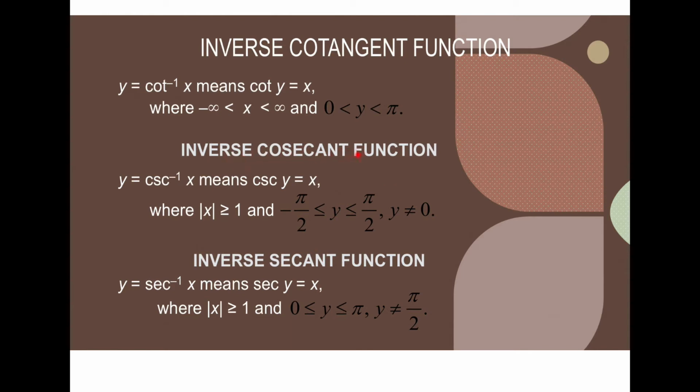For the inverse cosecant, we're limited, just like we are with tangent, from negative pi over 2 to pi over 2. For the secant, which goes with cosine, 0 to pi. But y can't be 0 with the cosecant, and y can't be pi over 2 with the secant, because our values are undefined at those points.